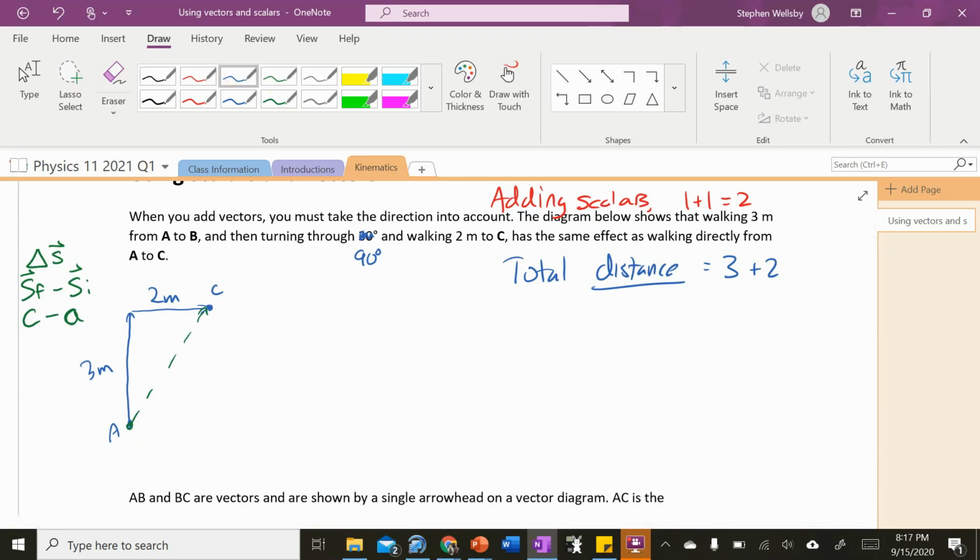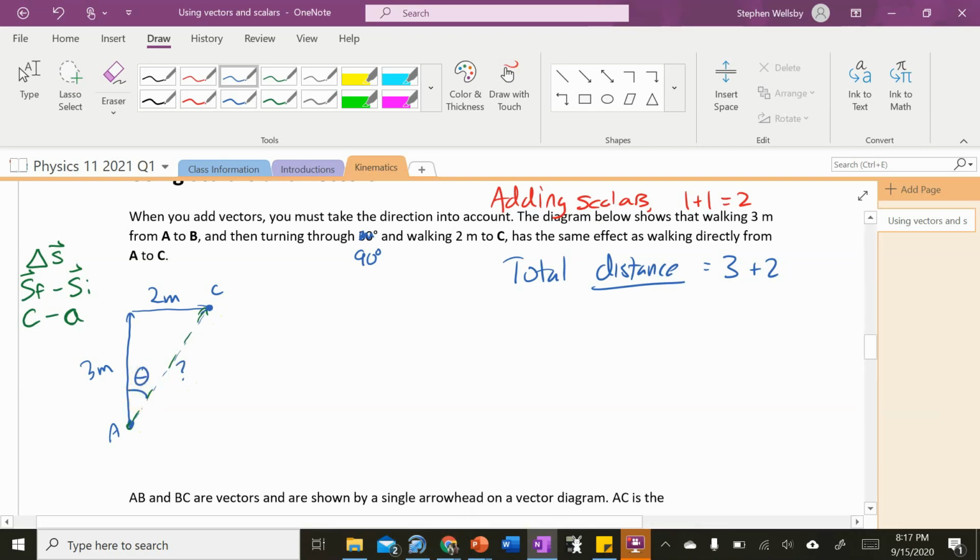And what we're going to try and solve ultimately, we know we need to have a magnitude and a direction. So what is the magnitude of my displacement? What's the magnitude of the difference in position from point A to point C? So how far I've actually traveled in terms of the difference between where I ended up and where I started. In other words, what is this distance here? And because I'm talking about displacement and it's a vector, I also need to consider the direction.